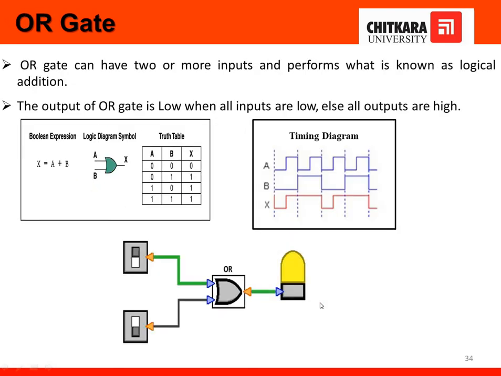Next basic gate is the OR gate. In order to understand the functioning of the OR gate, see this light. When both the inputs are 0, output is 0. When one of the inputs is high, then output is high. So it is yellow in 3 of the cases and off in 1 of the cases. If you see the truth table in the upper box, it shows 0, 1, 1, 1.